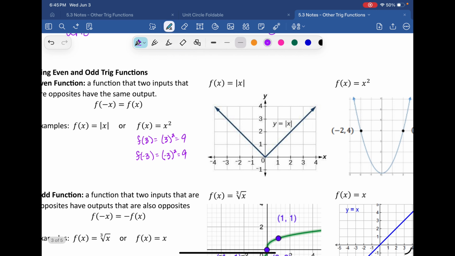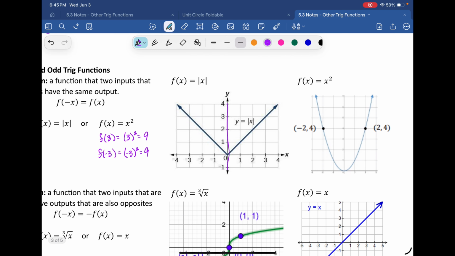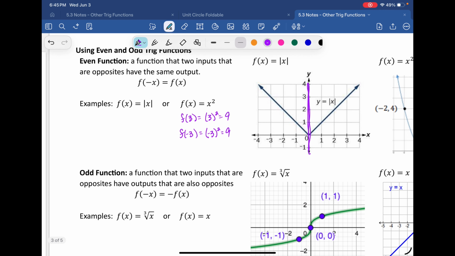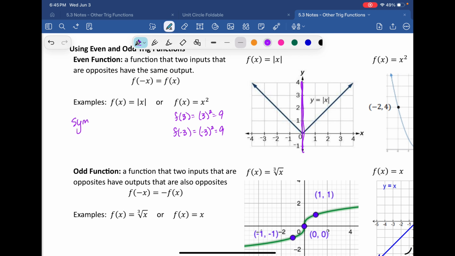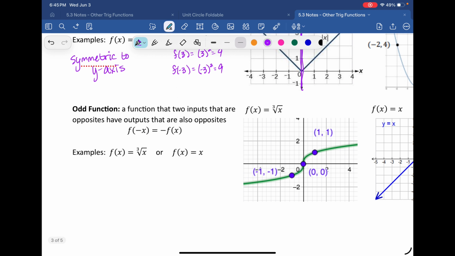All right, so the last thing I want you to see with this is the symmetry. The symmetry for both of these is the y-axis. An odd function, two inputs that are opposites are going to have outputs that are also opposites.